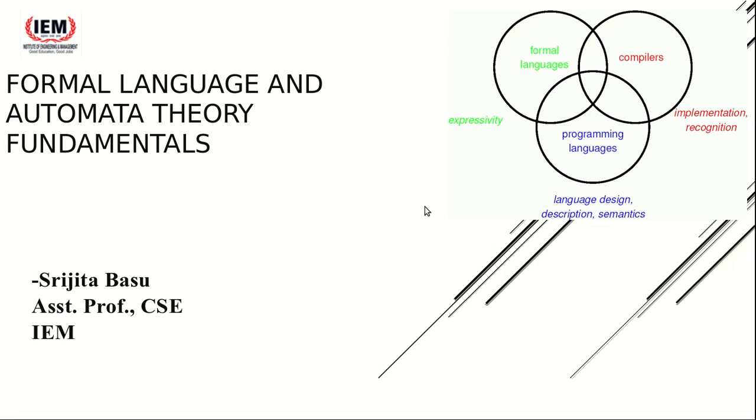Yeah. So, whenever we talk about formal language and automata theory, it is inherently related and connected to compilers. If you look at this picture on the top right hand side of my screen, I have three sets, one for formal language, one for compiler, and the other for programming languages.